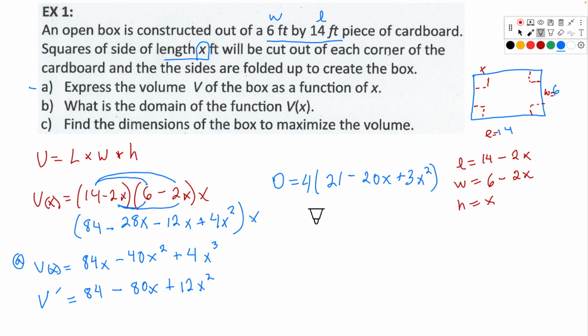Let's see how this maybe factors. I could go with 3x, and I could go with x. That'll give me the 3x squared. 21, I could do 7 times 3. Does that give me the proper middle term? 7 and 9, that's not going to work. 7 times 3 is 21.